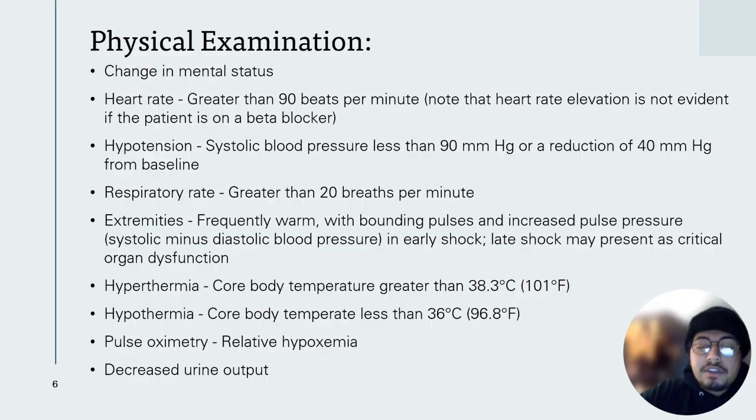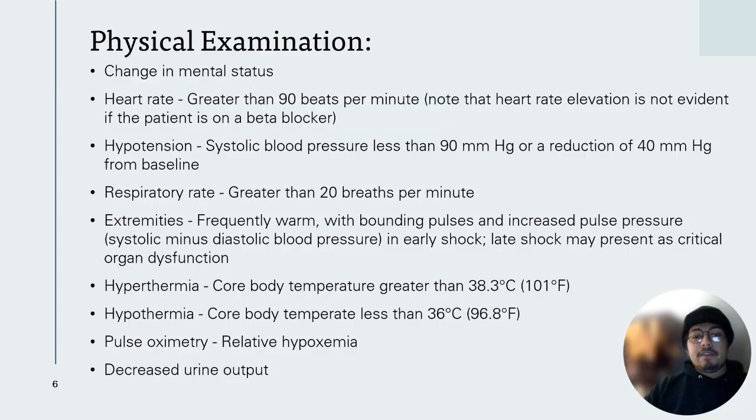So in generalization, on physical examination of our patients that come in, we will see a change in mental status. This is due to the poor perfusion and ventilation that they are receiving, heart rate greater than 90 beats per minute. They might seem hypotensive, systolic pressures of less than 90, or a reduction of 40 from baseline. Respiratory rate greater than 20 breaths per minute, or just tachypnea.